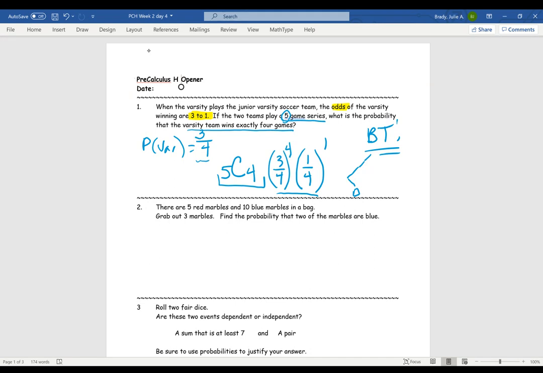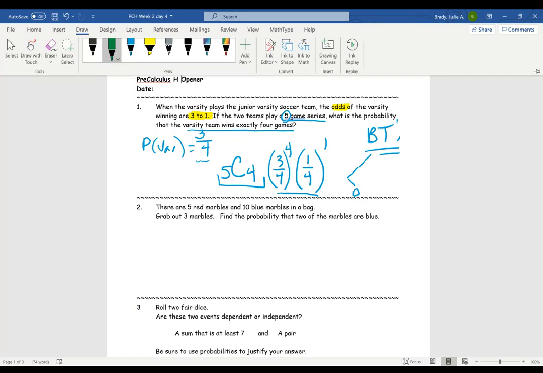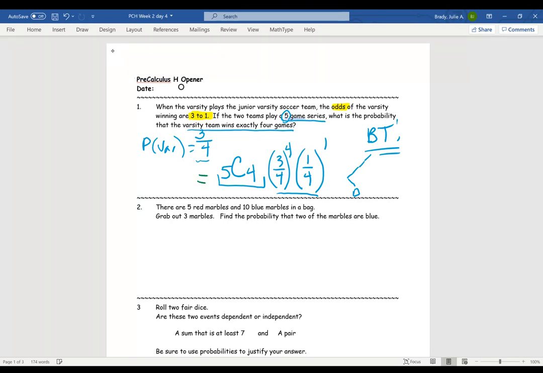Now I want you guys to be better at calculating things too. You could type that in your calculator, but let's write it in a different form so that we can keep on working on our number sense. 5 choose 4 is how many ways you can grab out 4 things from 5, which is the same as leaving 1 thing behind. So that has to be 5.